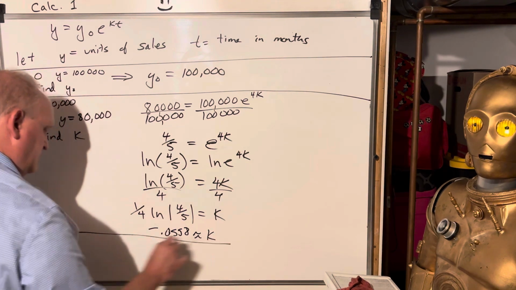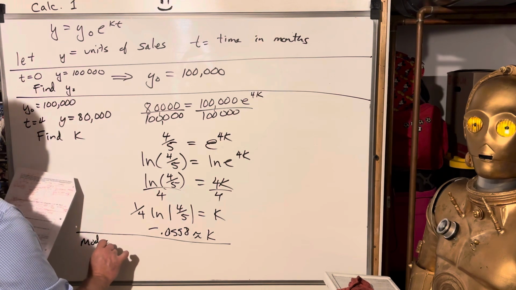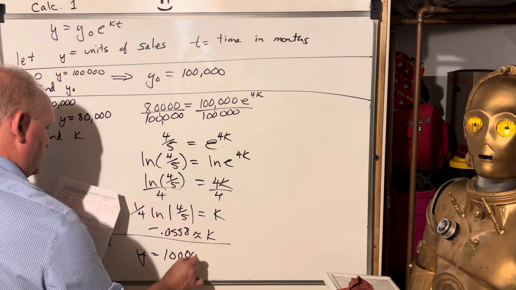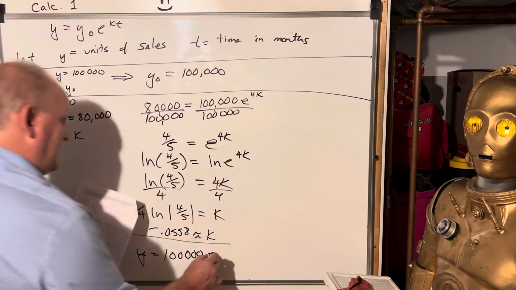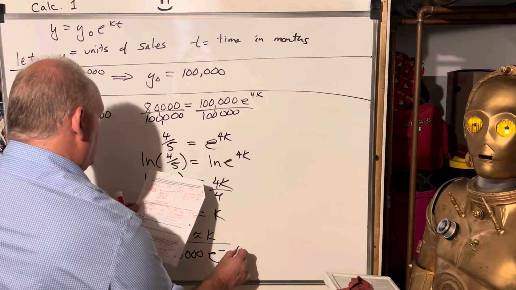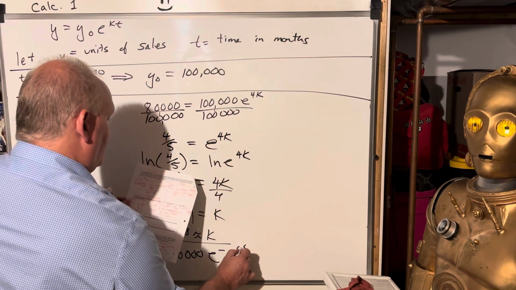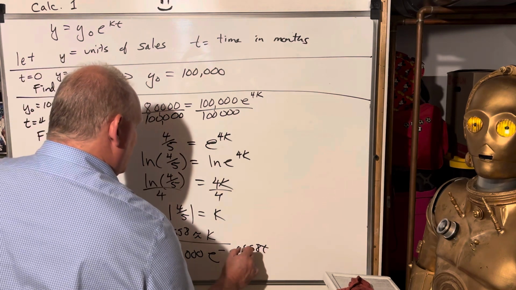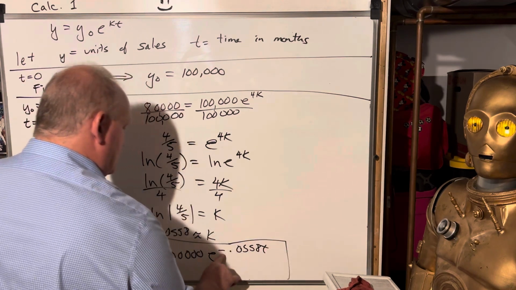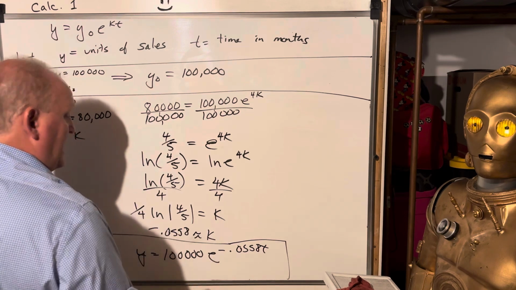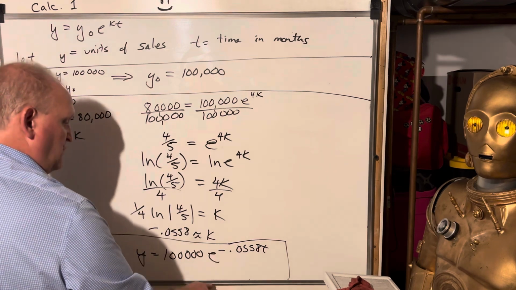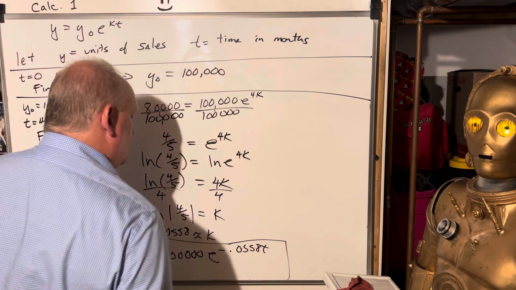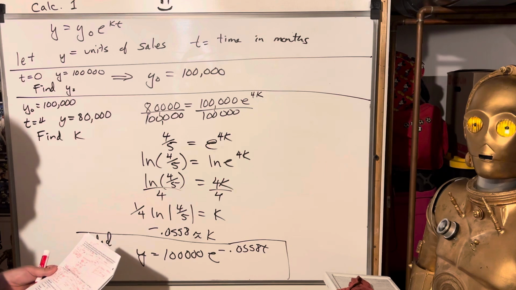Our model is y equals 100,000 e to the negative 0.0558t. It does make sense that this is negative because it's decay. It's exponential decay, so that moves this down to the bottom. So you're dividing by e to this power, which makes it smaller.